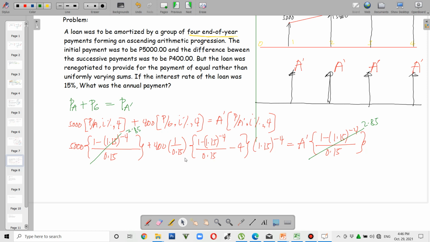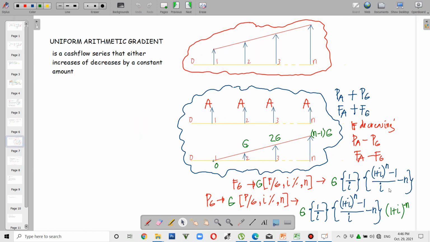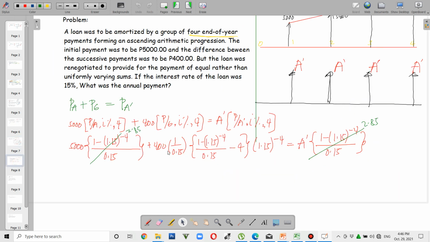So the formula for the gradient actually is 1 over I, 1 plus I raised to n minus 1 all over I. So we have 1.15 raised to 4 minus 1 all over 0.15.